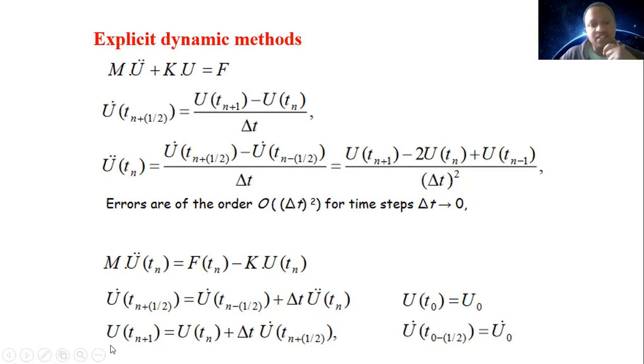And then finally the displacement at the n plus 1 time step is equal to u at t n plus delta t u dot at t n plus 1/2. Applying the initial conditions, u of t naught is equal to u naught, and u dot of t naught minus 1/2 is equal to u naught dot. So this is the working principle of explicit dynamic methods in the Abaqus dynamic solver.